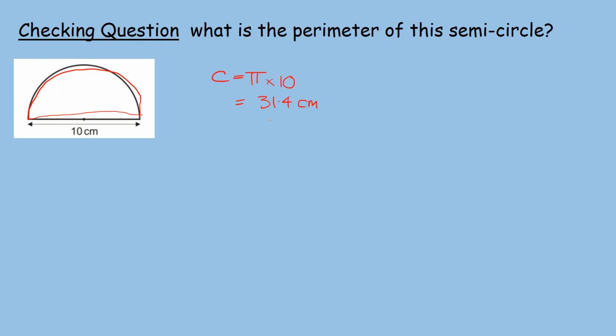And we know we need to halve that because we've only got half of a circumference. So I've got 15.7.